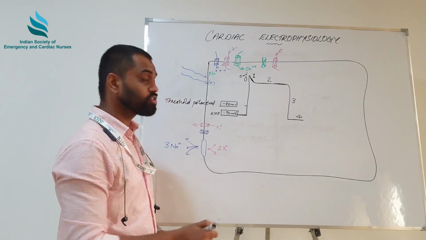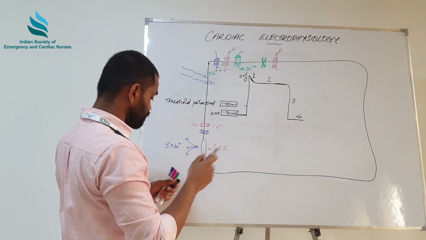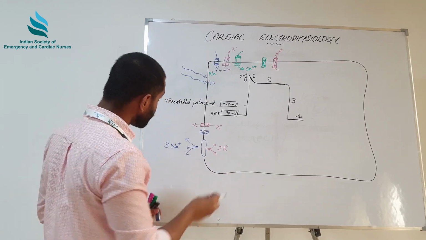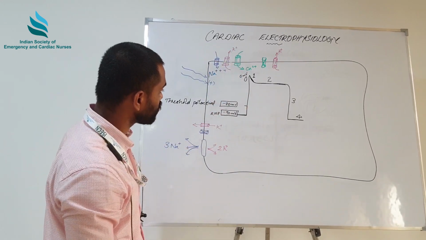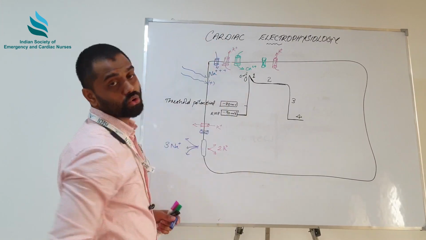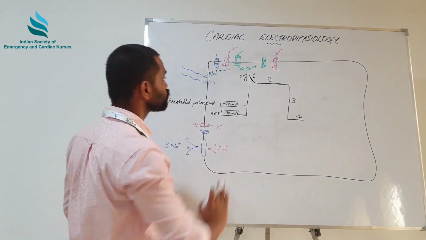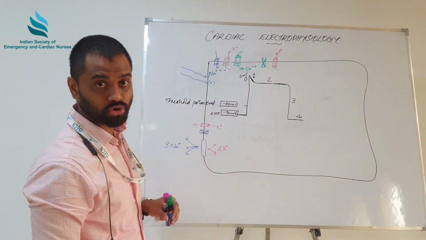When the electric potential reaches minus 70 millivolts, the voltage gated sodium channels open and the cell will be flooded with sodium cations. As soon as that happens, there is phase 0 depolarization of the cell. The action potential moves towards depolarization as soon as the sodium channels are open.